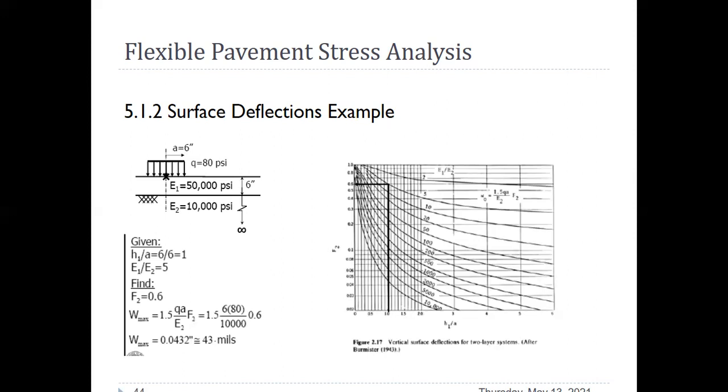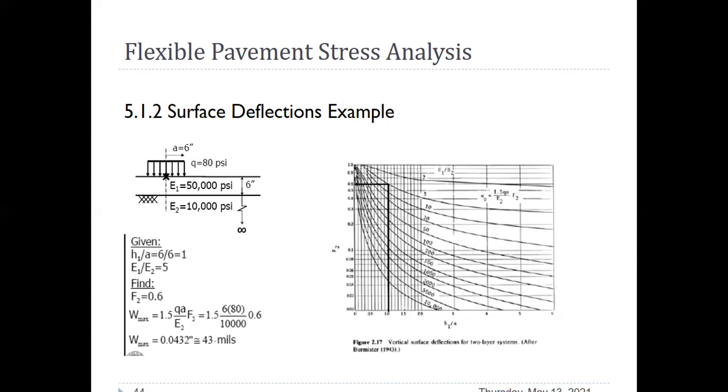If you know H1 over a and E1 over E2, you can always find this F. In this example, H1 is 6, a is 6, so H1 over a is 1.